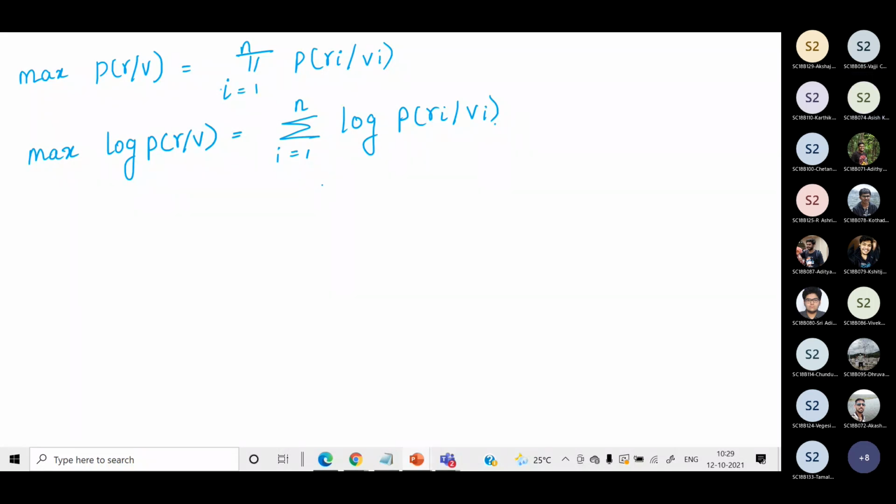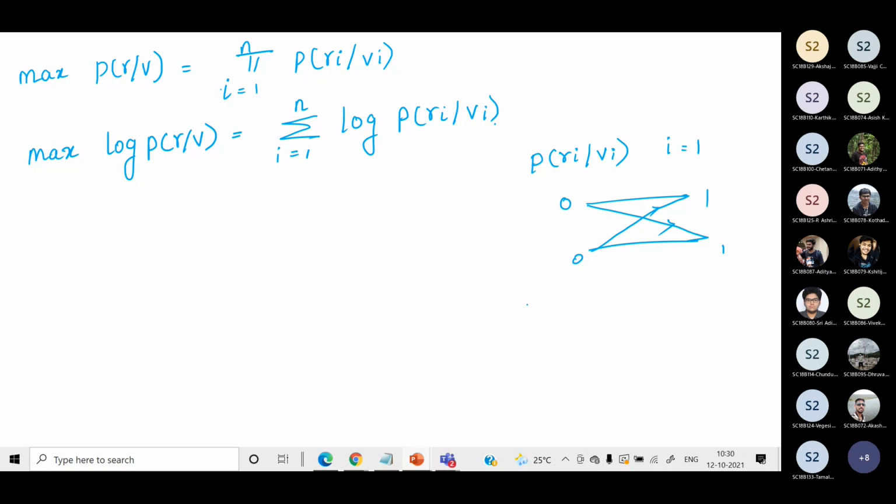Yes, ma'am. So now each individual probability we will see, that is P of Ri given Vi, where i you can take as 1, that is R1 given V1. So we are assuming a binary symmetric channel, 0, 1.